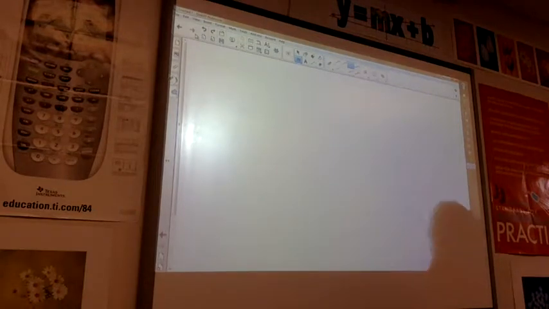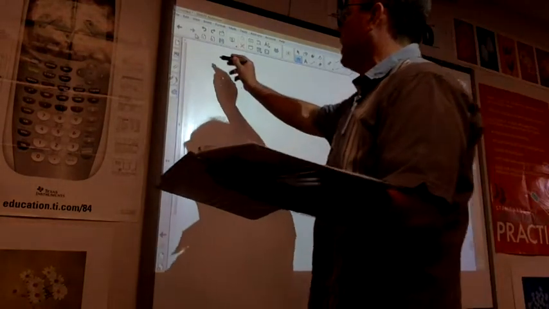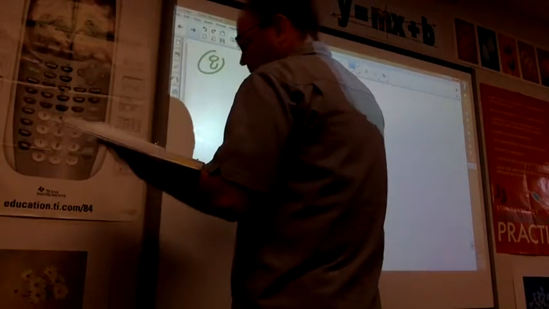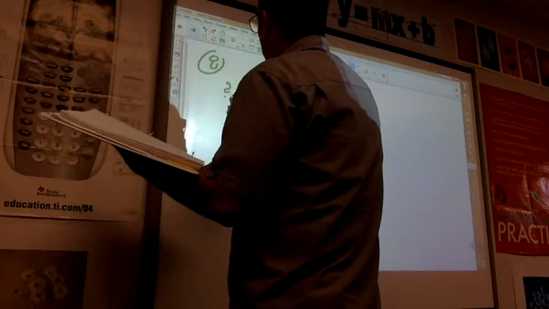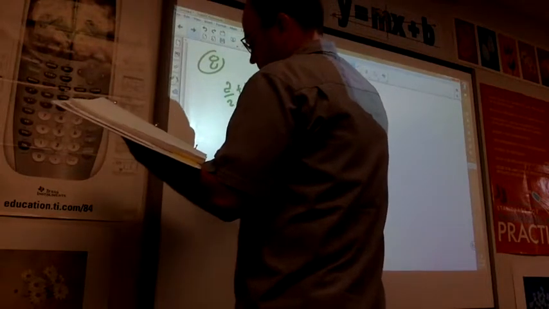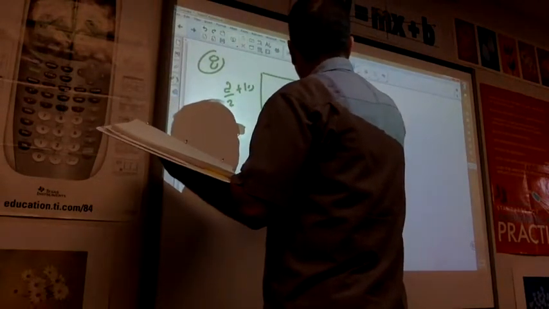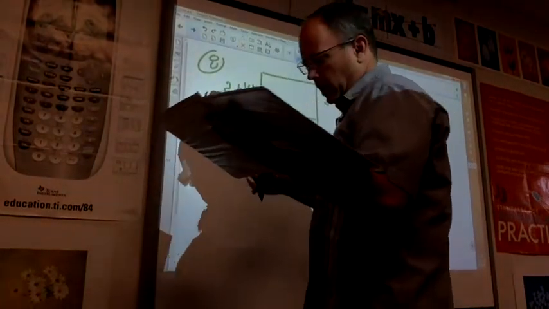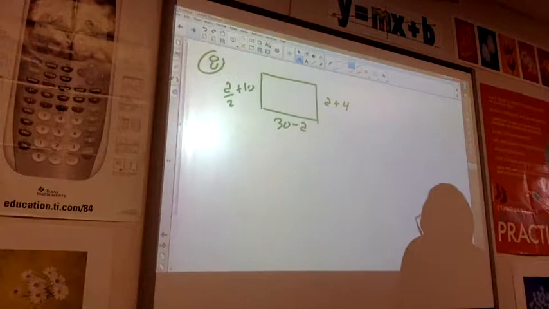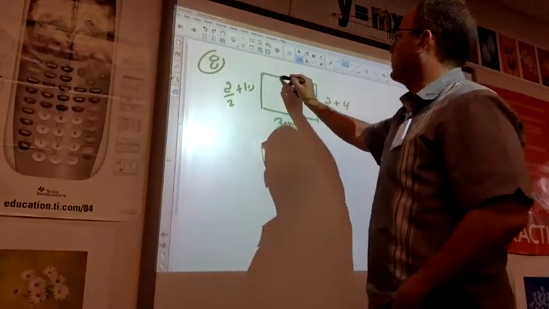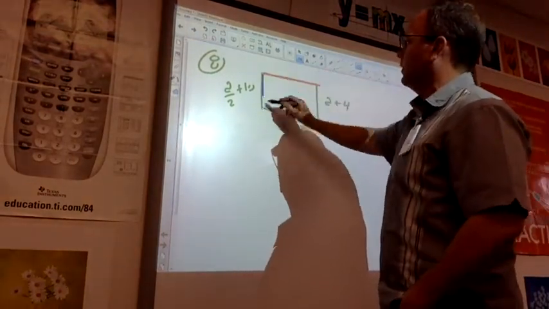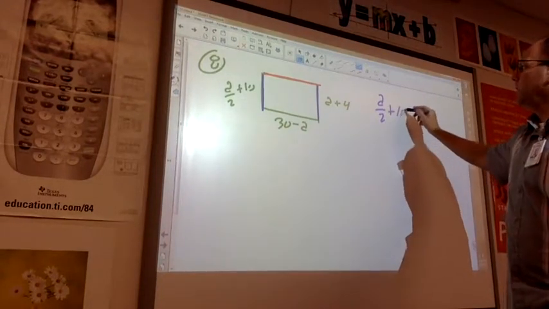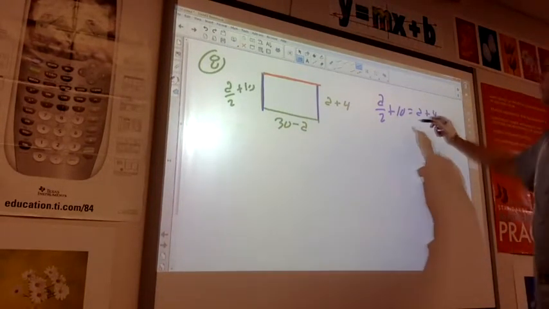Nice. All right, so you have a rectangle on number 8, right? So that's a over 2 plus 10, and that's a plus 4, and then we want to find WX. Okay, so we want to find up here as well. Being it's a rectangle, you know that that side and that side have to be equal. So I get a over 2 plus 10 equals a plus 4.